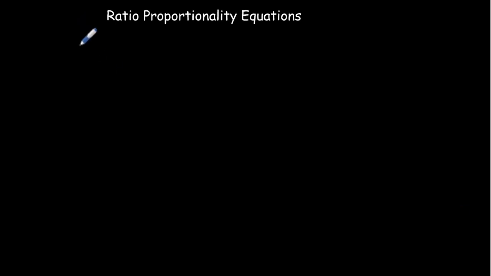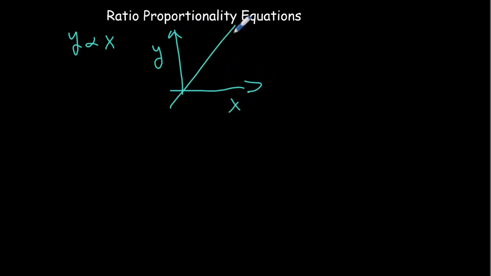So if we've got two quantities, two variables that are proportional to each other, we can write that y is proportional to x. And what that really means is that if I were to plot a graph of y versus x, I'd get a straight line through the origin. So straight lines would have an equation y equals a constant, really the slope, times x.